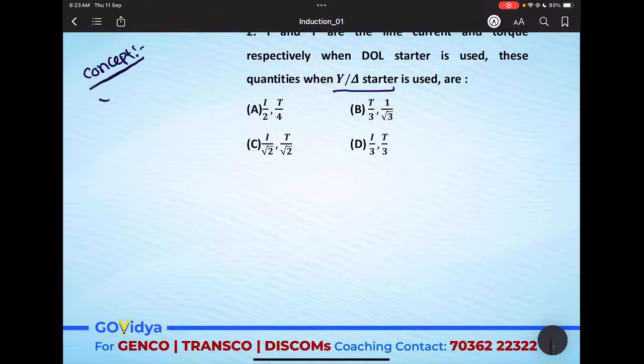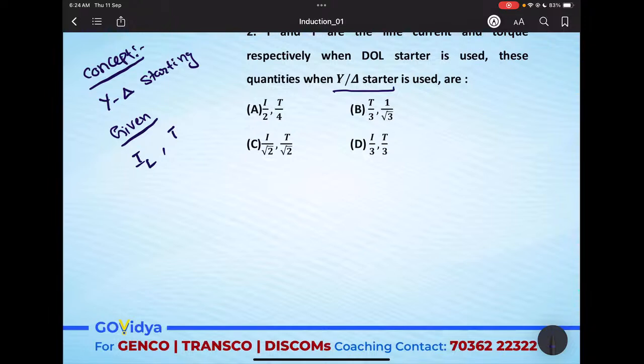They are asking about star delta method of starting of induction motor. Given data is the line current IL, and starting torque T.